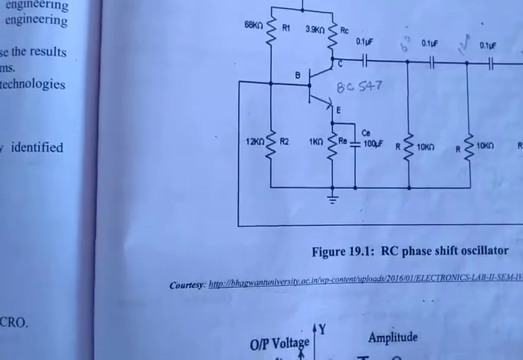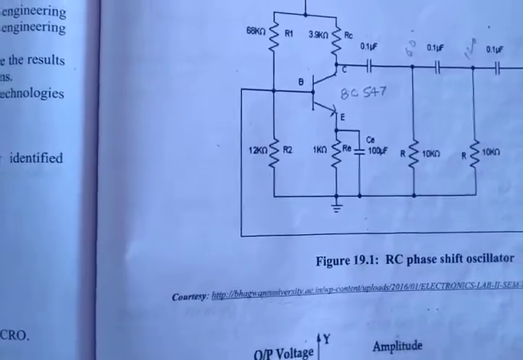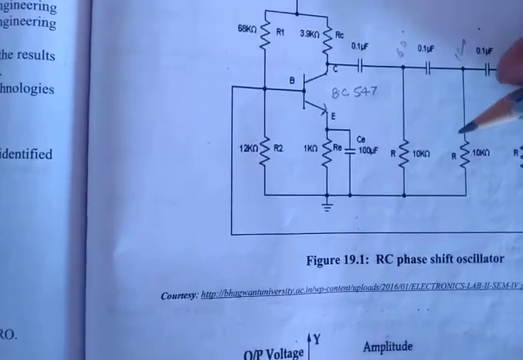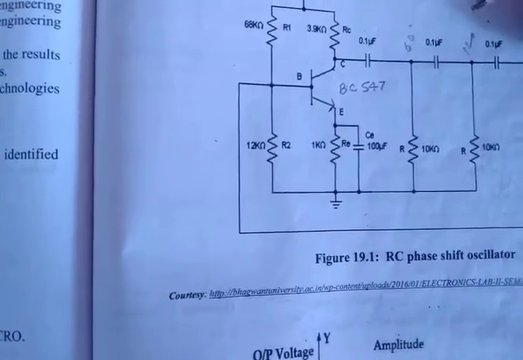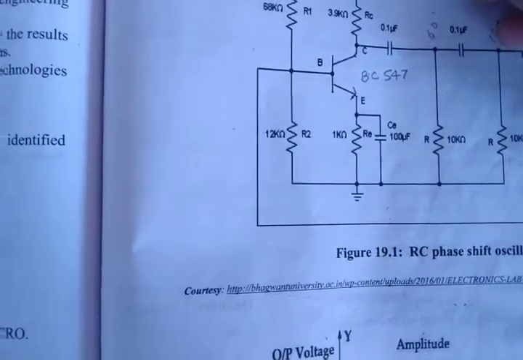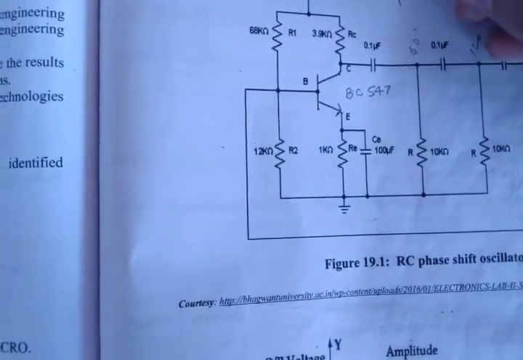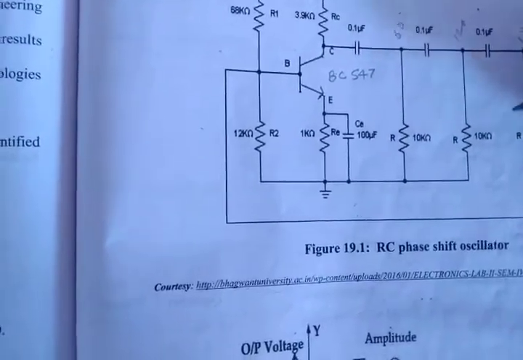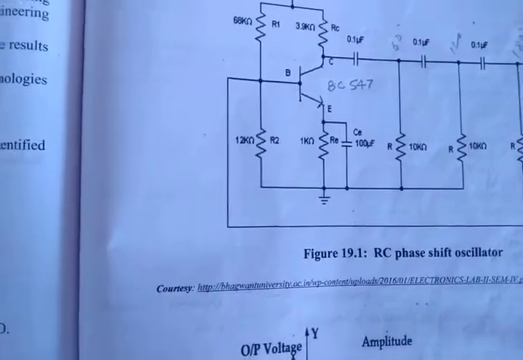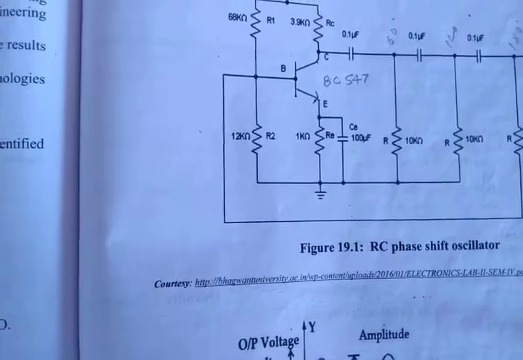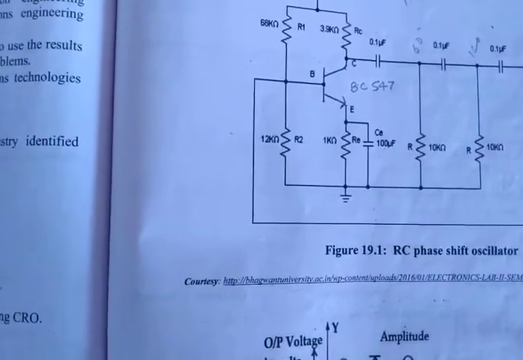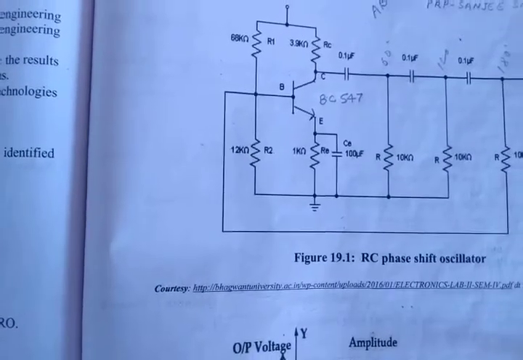So as per the Barkhausen criteria for sustained oscillation, the gain of the amplifier multiplied with beta, the feedback factor, should be equal to 1. And a phase shift oscillator is a linear electronic oscillator that produces a sine wave output.